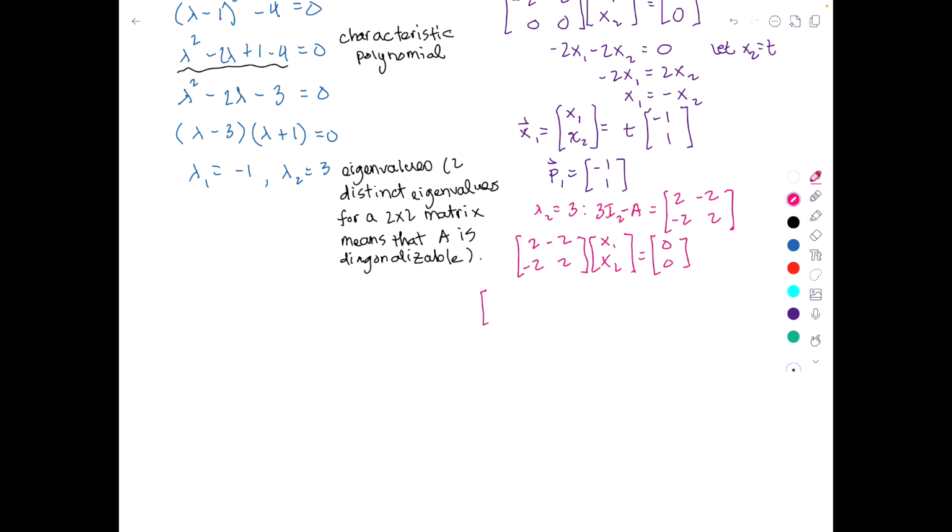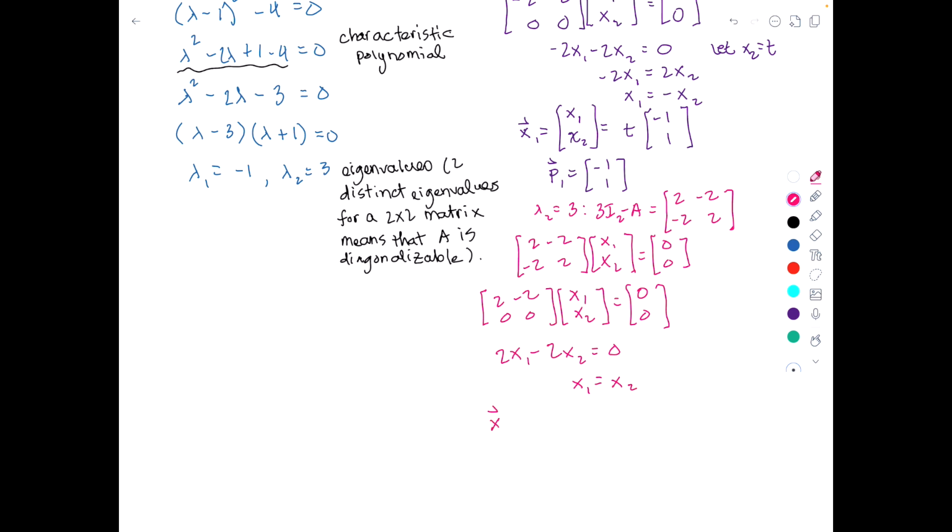My second row will be 2, negative 2, 0, 0 times x1, x2 equals 0, 0. And that'll give us 2x1 minus 2x2 is equal to 0. And that gives us that x1 is equal to x2.